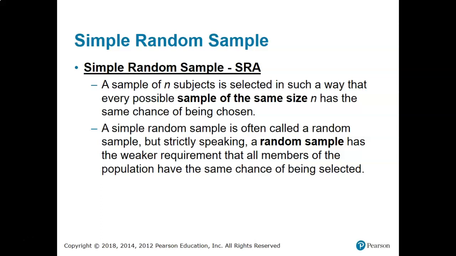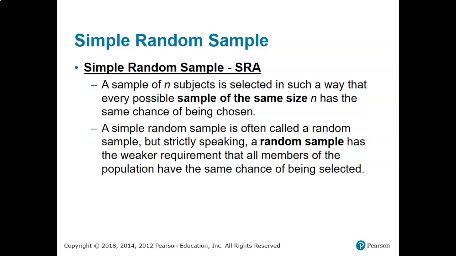With a simple random sample, it's a little bit stronger definition in that instead of selecting just one marble, we're going to select samples of a given size. Maybe we're going to pick out groups of 5 marbles, and every group of 5 has to have the same chance of being selected as every other group of 5. And that would be a simple random sample.